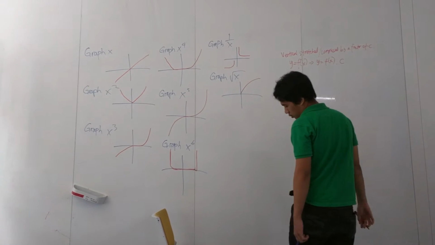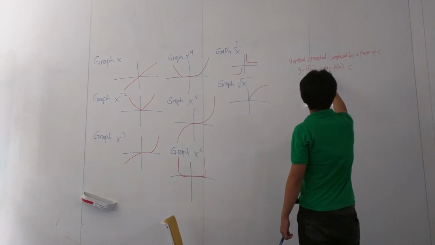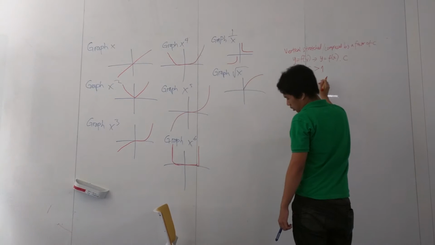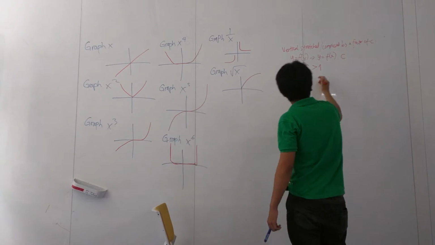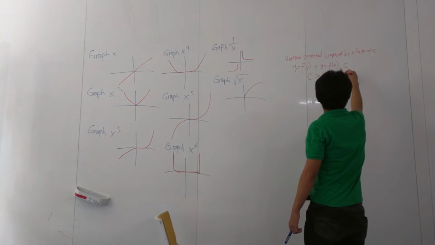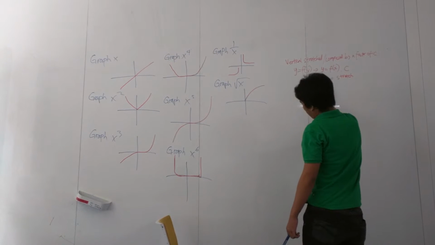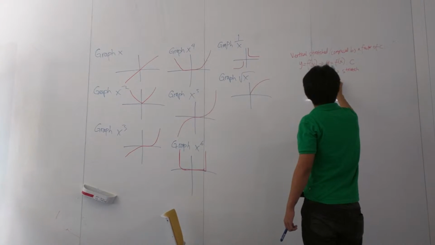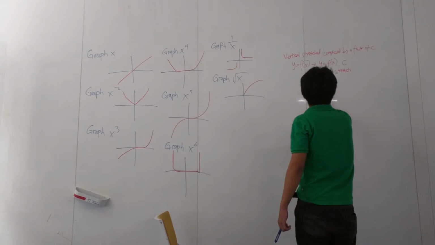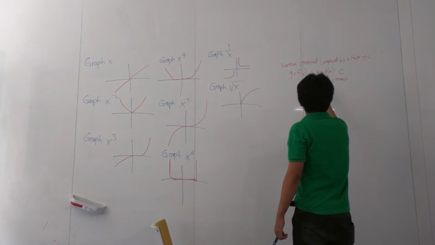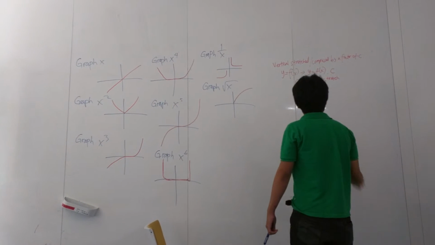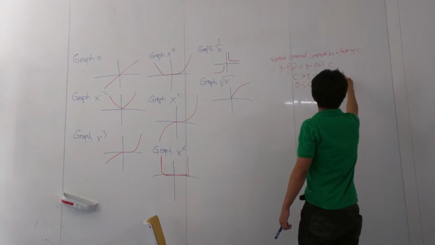The conditions are: if c is greater than 1, it will be stretched. If c is greater than 0 and less than 1, it should be compression.